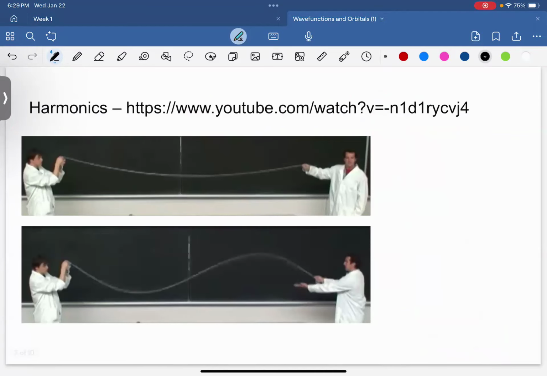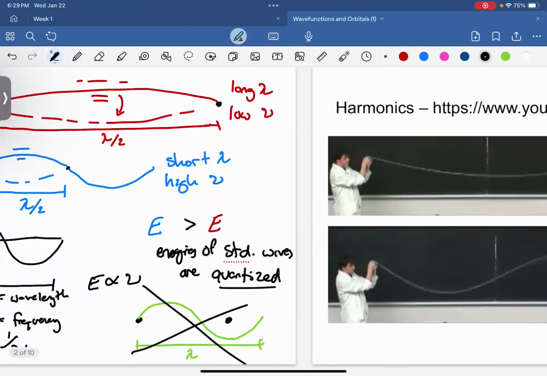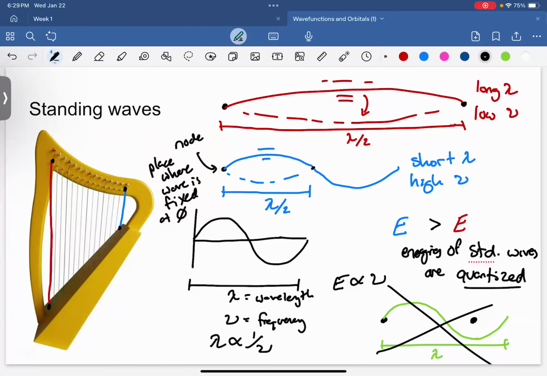So in both cases that we showed here, the red and the blue, the waves I drew have wavelengths of lambda over 2. But as I said, the wavelength just has to be some multiple of lambda over 2. For example, I'm running out of space now, but if I were to draw down here, I could have this.